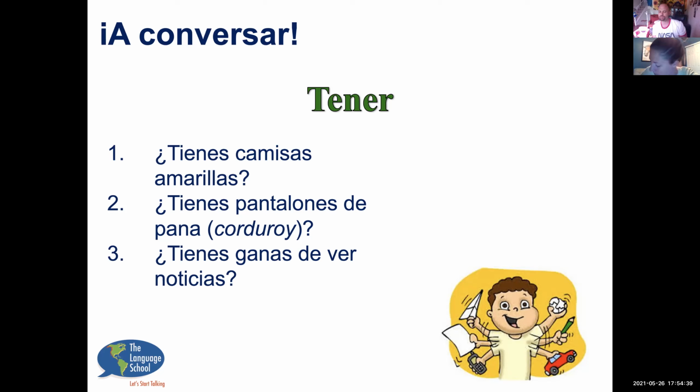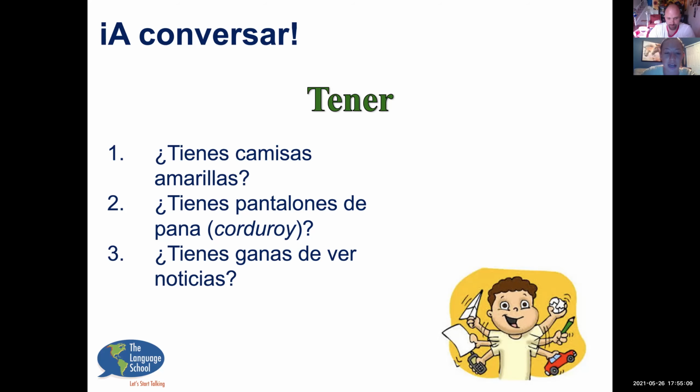It's like saying, do you feel like watching the news? Got it. Really good expression to help you sound like a native Spanish speaker. Very common to use this. Yeah, that makes sense. You can use it to invite people to do stuff, like ¿tienes ganas de ir a cenar? o ¿tienes ganas de comer pizza o hamburguesas? Right? Got it.